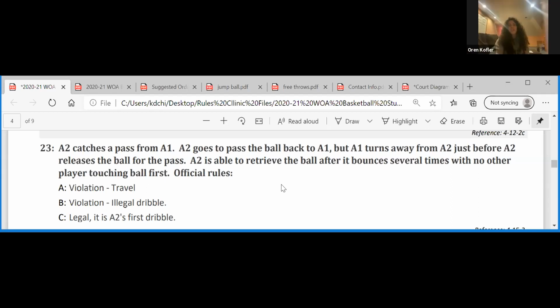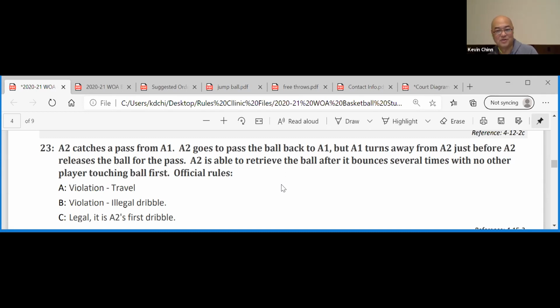Wait, so in this question, did the ball even leave A2's hand? Yes. So is he about to pass it, but he realizes that he turned around, so he throws it on the floor, and then he starts dribbling it? No, it could be as simple as you're standing a few feet away from your teammate, and you make a real light pass to him, and the guy turns away, he doesn't see it.